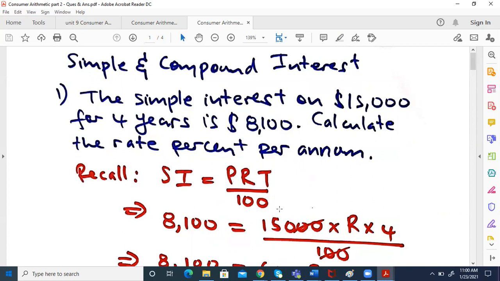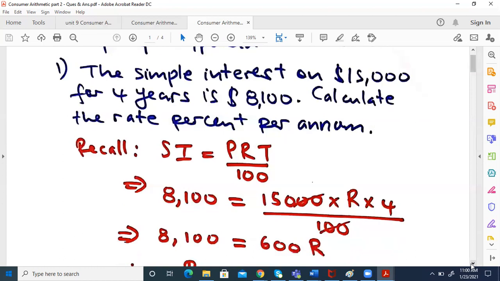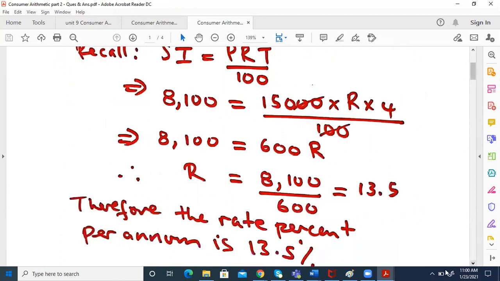Now, this 100 is not really necessary unless it's just like a percent modifier, where it is either what your rate is going to come out to be. So for example right here, it gives R as the rate, 13.5.